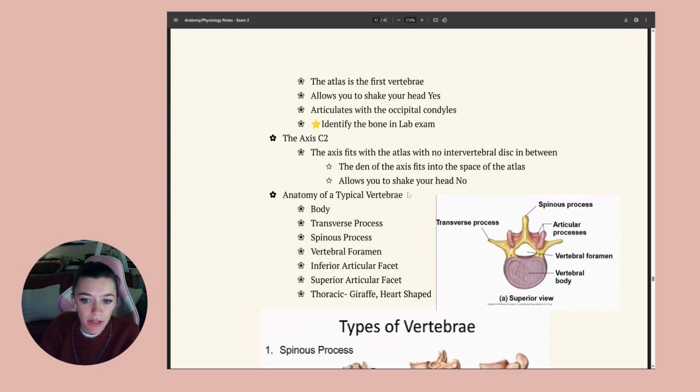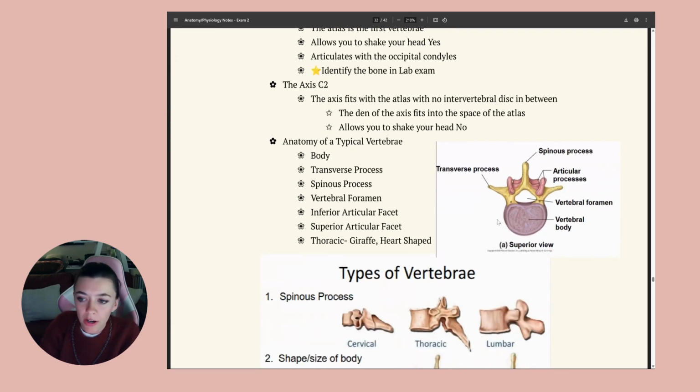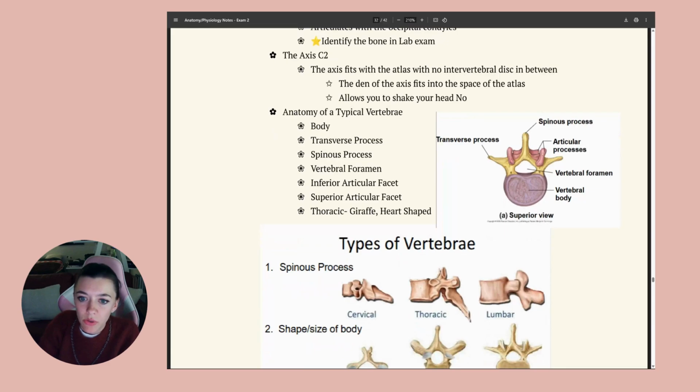So you've got the body. That's going to be the biggest part at the very bottom. You're going to have your spinous process, which is going to be the central point sticking out. Next, you're going to have your articular process, which is the next one down from your spinous.